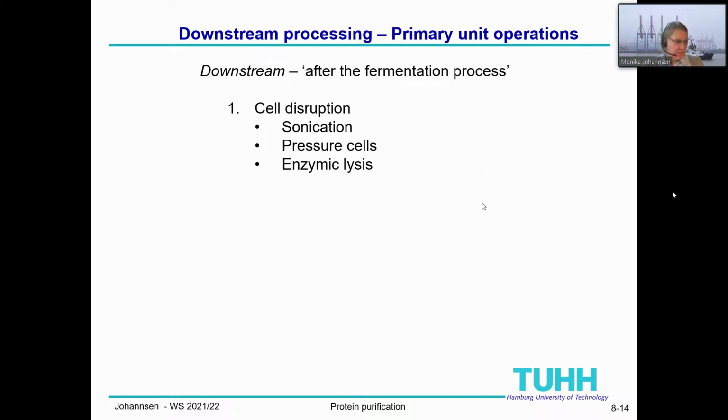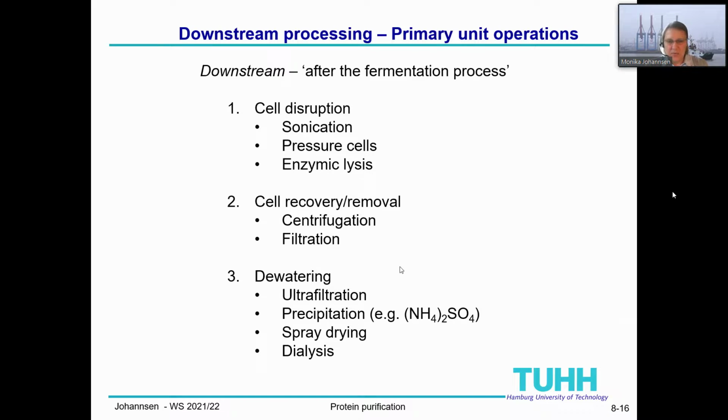So usually we have to start with a cell disruption, because usually the protein is inside the cells, and so we need to break the membrane of the cell by a certain technique. Yeah, we can do it, for example, by sonication, by pressure cells, or by enzymatic lysis.